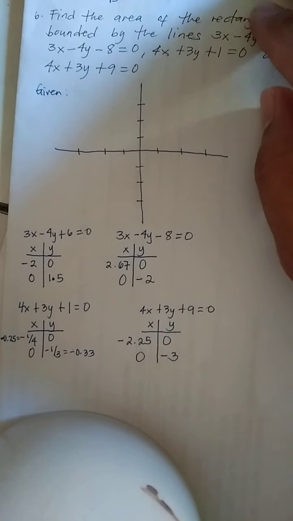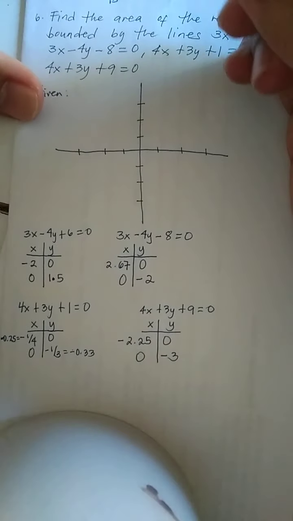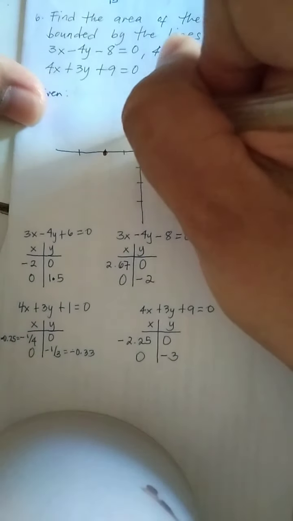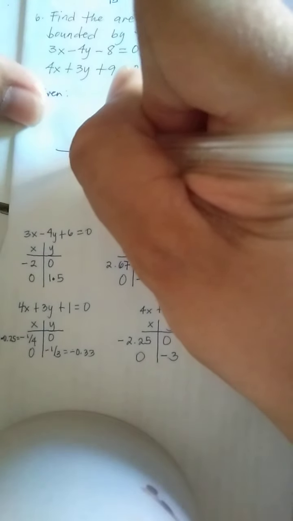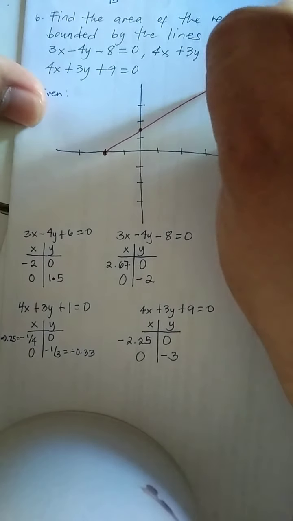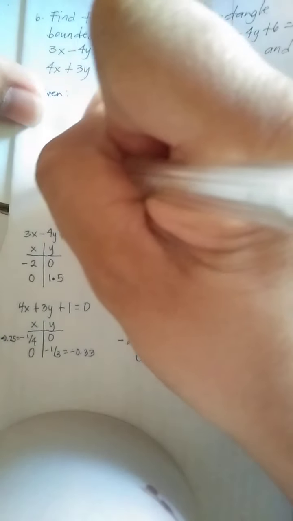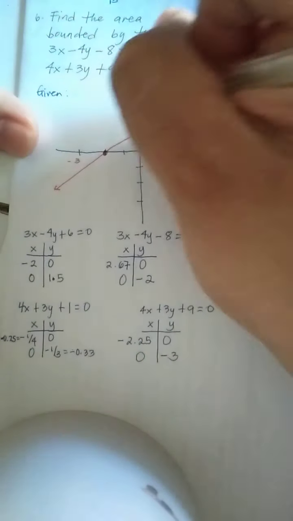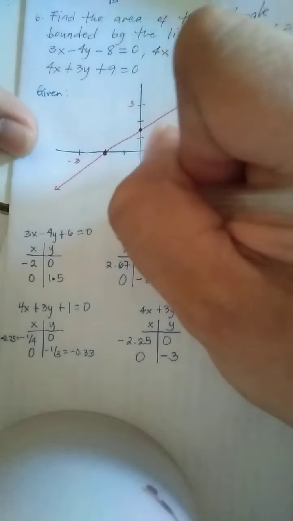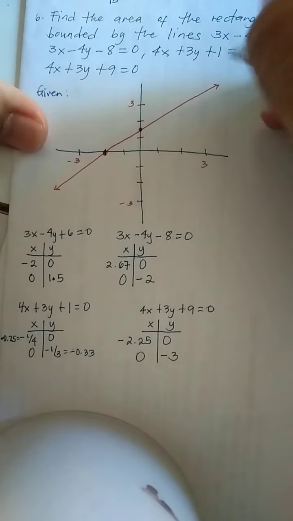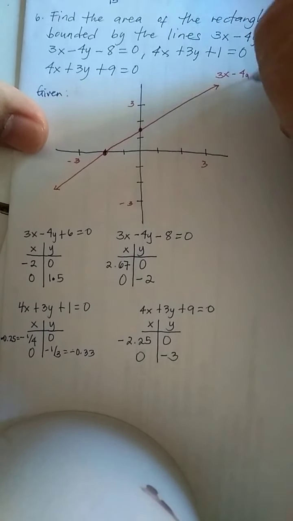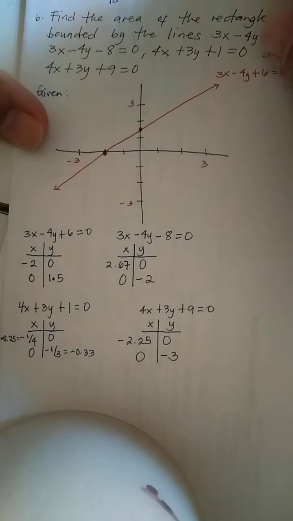The first line passes through negative 2, 0 around here, and then 0, 1.5. Let's label some of the scales: 3, negative 3, and 3. This one is 3x minus 4y plus 6 equals 0.